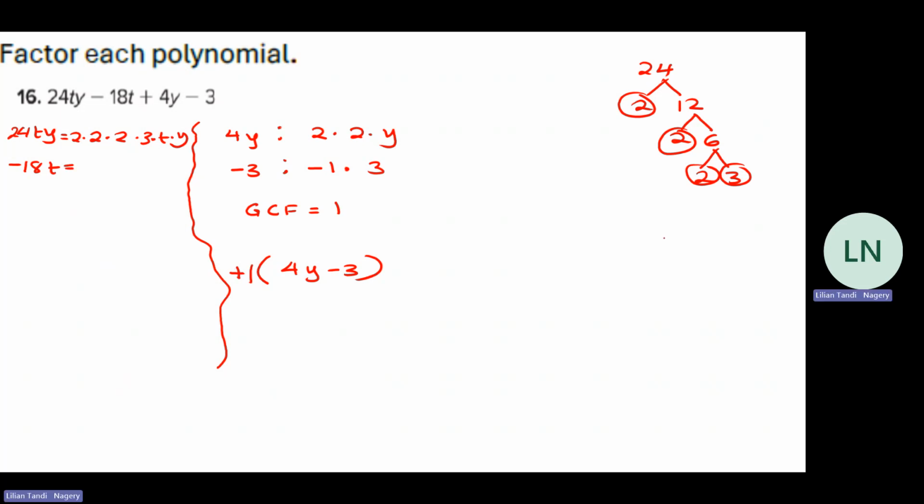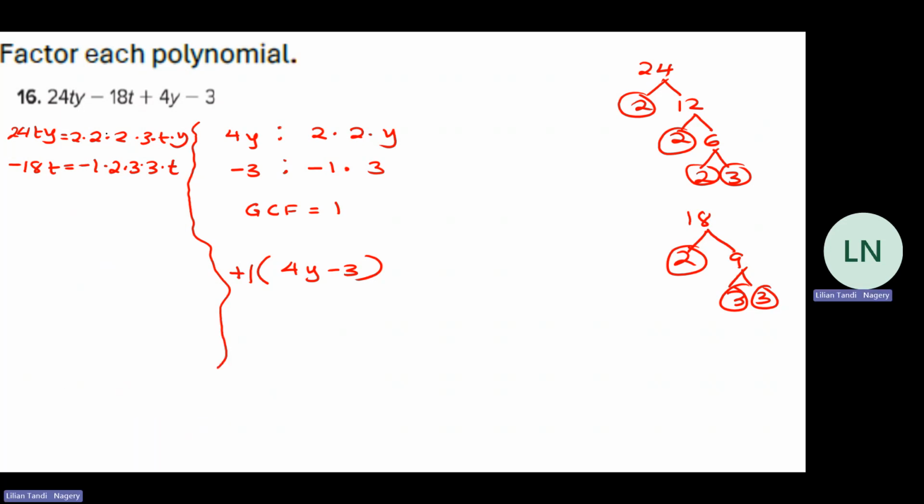Then you're going to get negative 18. So this will be negative 1. So 18, break down 18, 2 times 9, and break down 9, 3 times 3. Okay? So 2 times 3 times 3 times t.